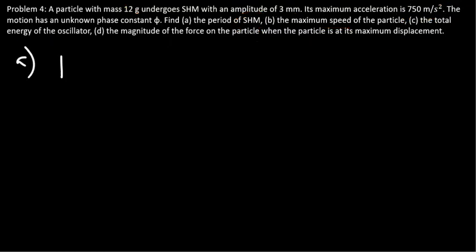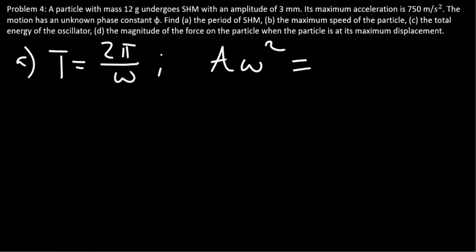So to find the period, we can get the period if you know the angular frequency. And to get the angular frequency, we can use the maximum acceleration value. That's given by amplitude times the square of angular frequency. Since the amplitude is 3 millimeters, so that is 3 over 1,000 meter, omega is what we want to determine.